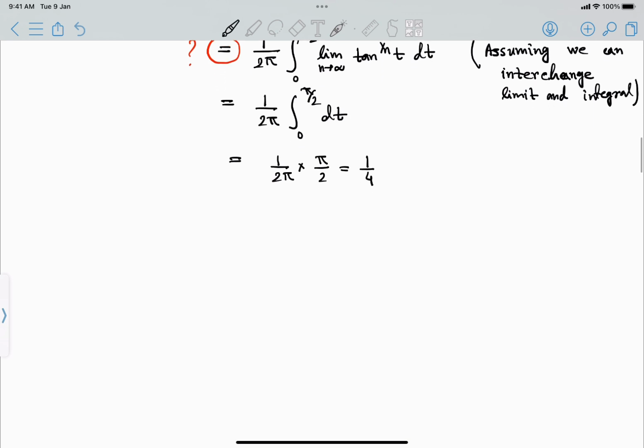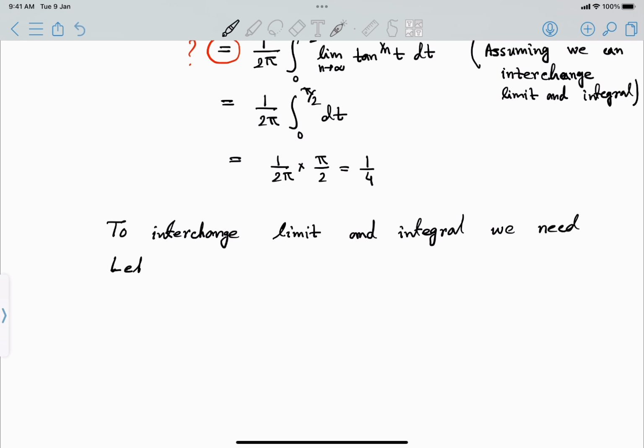So to interchange limit and integral, we need the DCT, right? Dominated convergence theorem.